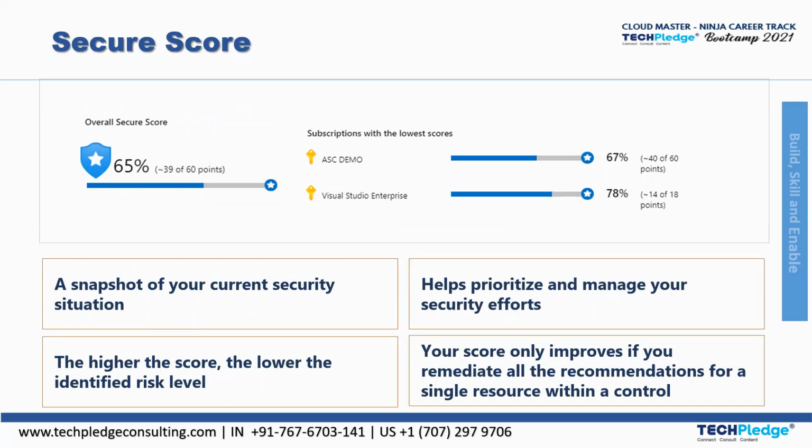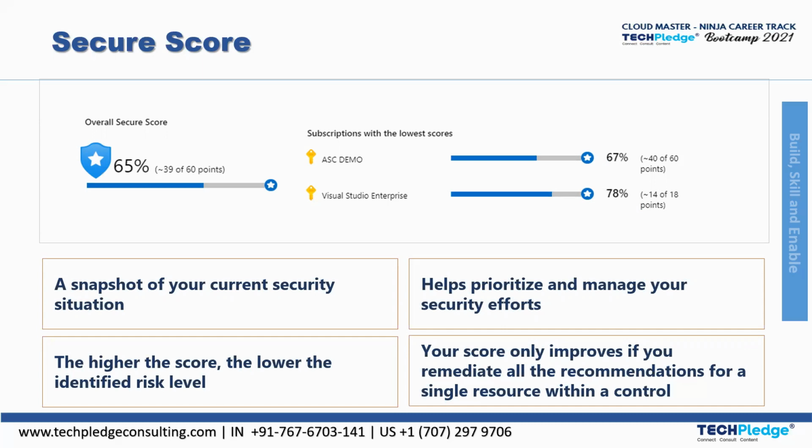Then we have the secure score. As I told you, Azure gives you complete security for your complete platform, the complete resources that you use. Every resource is being secured over here. It continuously takes a snapshot of your current security situation.